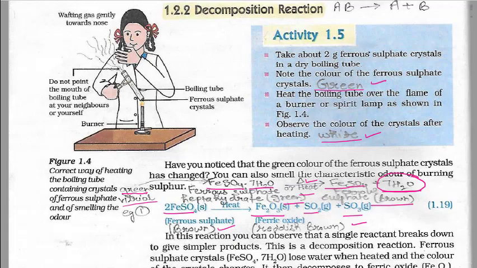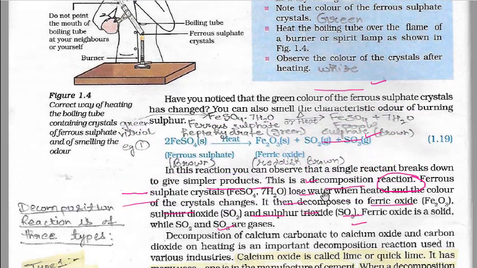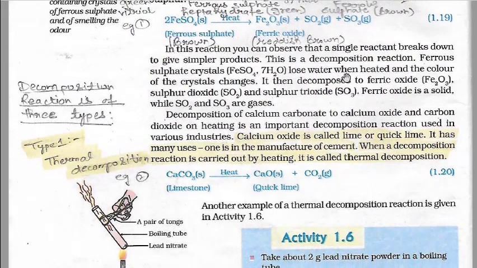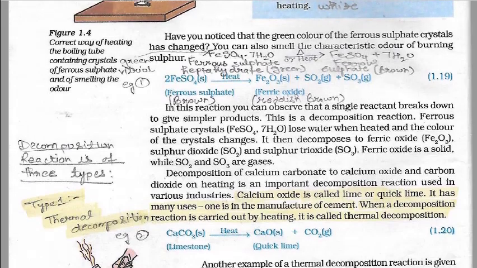Okay. The next one: you can see here in this reaction we can observe that a single reactant breaks down to give simpler products. So this is a decomposition reaction. Ferrous sulfate crystal, which is FeSO4.7H2O, loses water when heated and the color of the crystal changes, that I have already explained. We start with the green color.